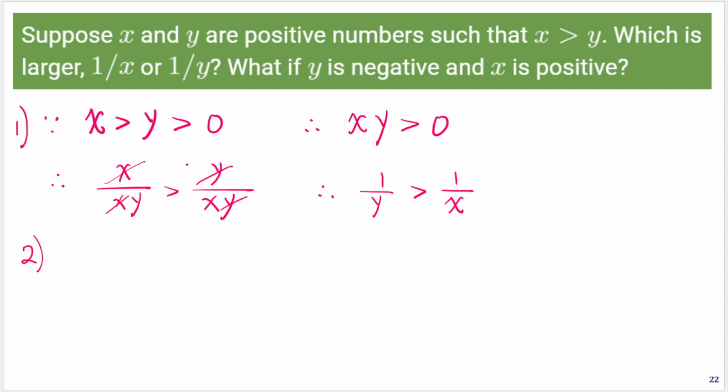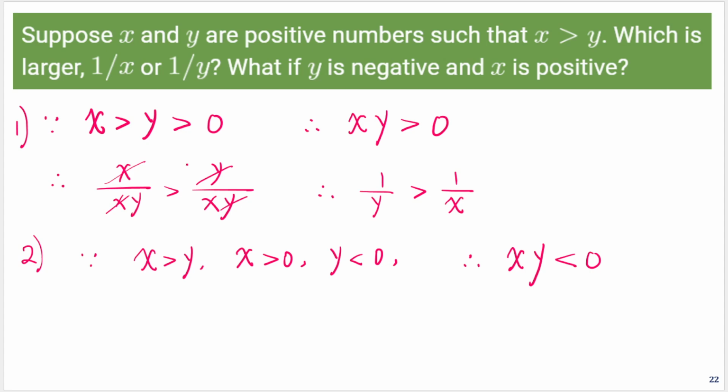For the second question, what if y is negative and x is positive? So because we know x is greater than y, x is positive, y is negative, right? In that case, the product of x times y must be less than 0, which is a negative number.